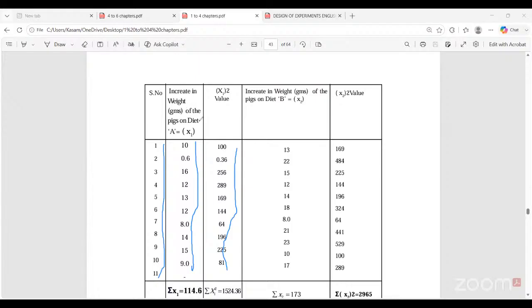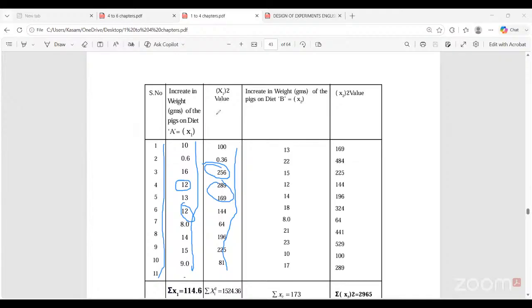Increase in weight in grams of the pigs on the diet, and the x2 value is 100.6. 10 into 10 is 100. 6 into 6 is 36. 16 into 16, how much? 256. 12 into 12, 144, sir. But here something is given wrong. 12 into 12 here also. This is given wrong here.